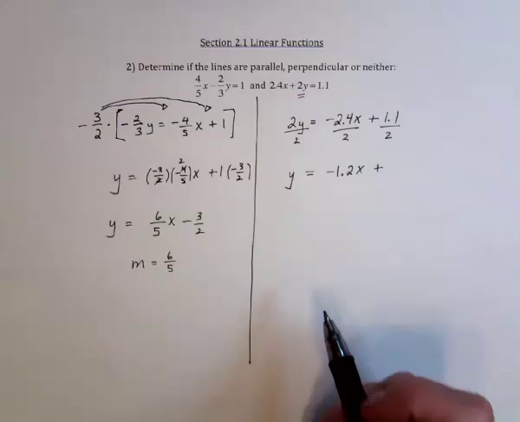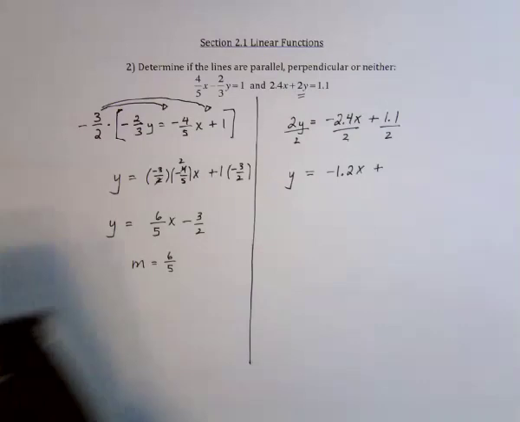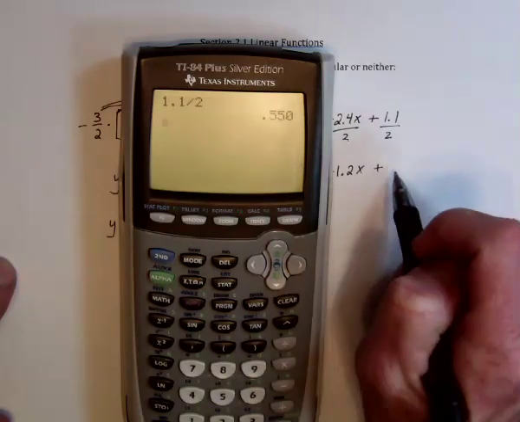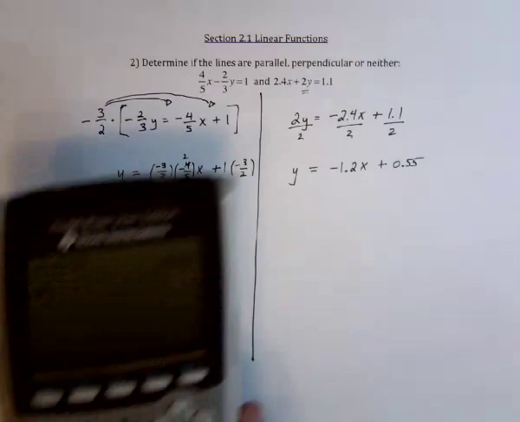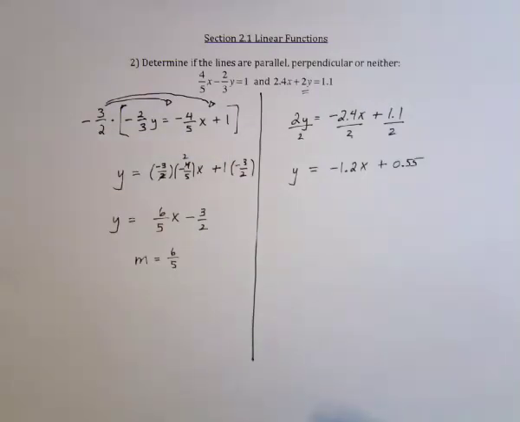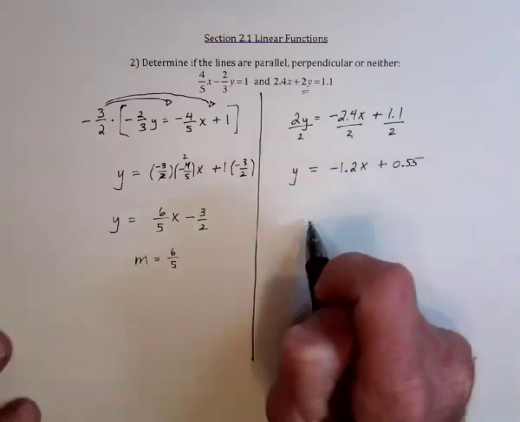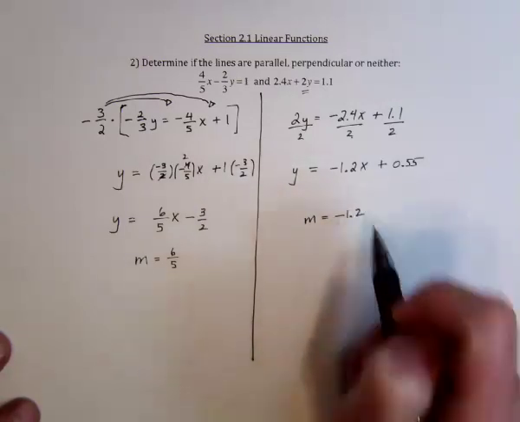And then for a 1.1 divided by 2, divided by 2 is a 0.55. Really, the most important numbers here are what's sitting in front of x, so we found that the slope is equal to -1.2.